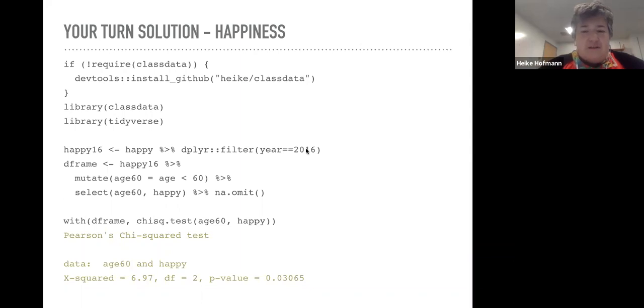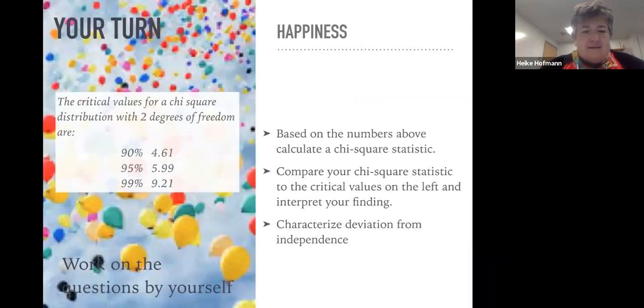So how do we interpret this? We've got 6.97. 6.97 falls in between these two numbers. And that means that 6.97 is among the numbers that show up less than 5% of the time, so in less than 5% of the cases, but more than 1% of the cases.